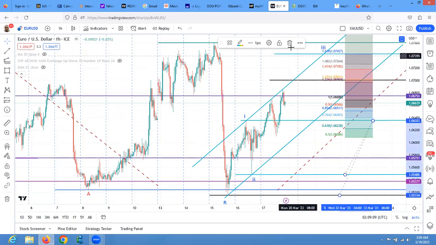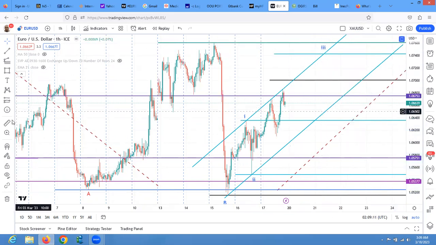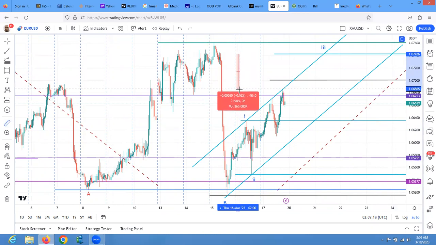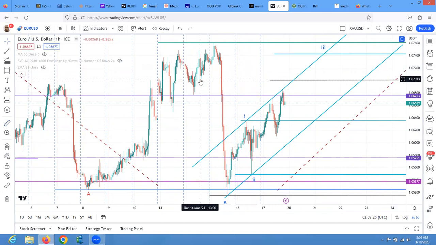So we are within how many pips to wave 3? We are within 50, 60 pips to wave 3 to make it a wave 3.